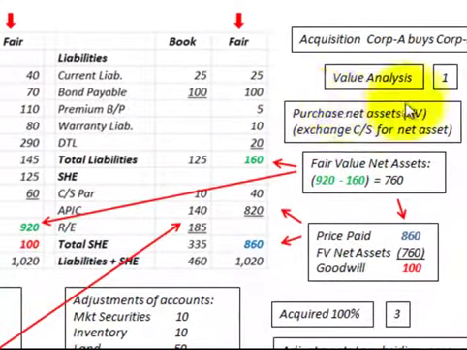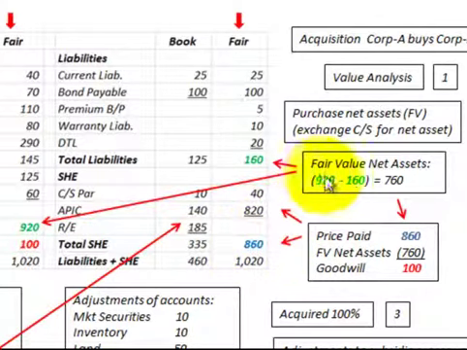So looking at our value analysis, in this case Corporation A purchased the net assets at their fair value of Corporation B, and they exchanged their common stock for these net assets. So in this case Corporation A gave Corporation B $860,000 worth of their common stock.